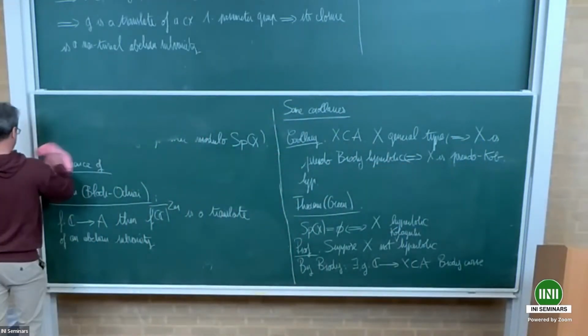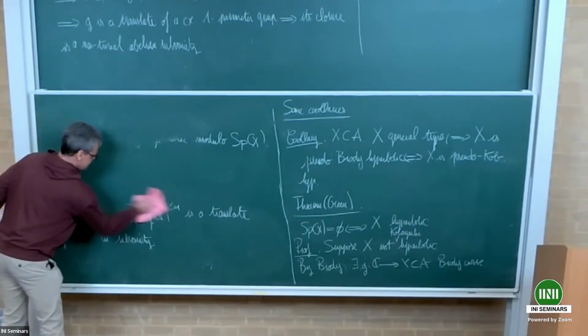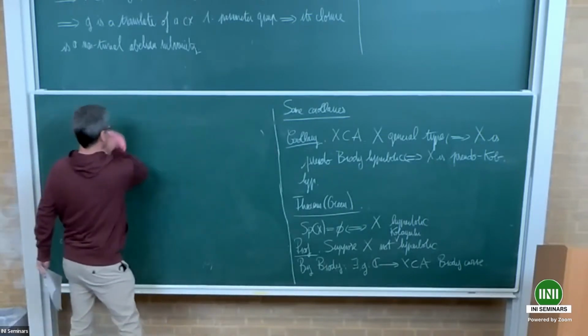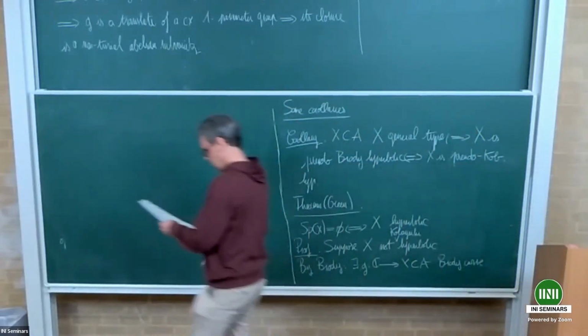And this goes back to what I said in the introduction: in the case of a non-empty special locus, we enter the pseudo-hyperbolic world, and everything is much more difficult.